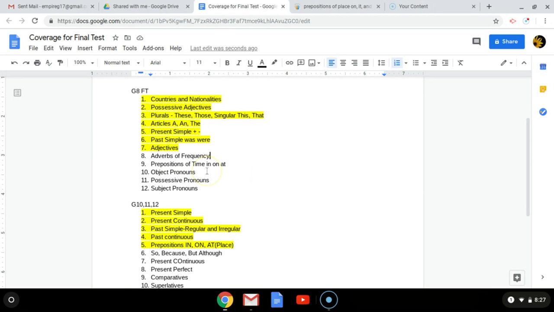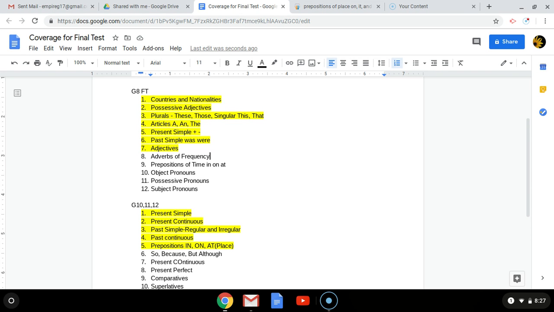I'm sorry. I'll divide it into two. The third part will be adverbs of frequency and prepositions of time, and then the last part of the review will be object pronouns, possessive and subject pronouns. Okay, that will be the last part since those are the most recent topics that we talked about.